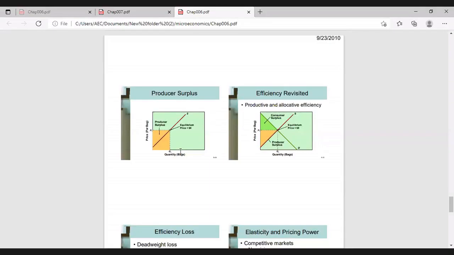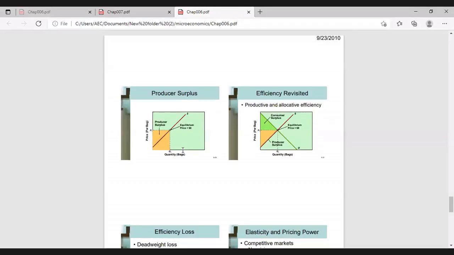If we produce any product at the lowest cost, then we say productive efficiency is achieved. If all the producers are producing a product at the lowest cost, then productive efficiency is achieved.